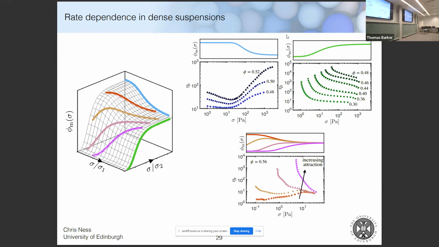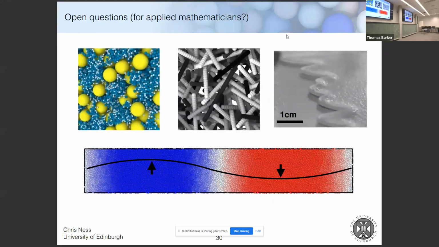So the idea is to come up with a set of principles encapsulated in this, which can describe a broad range of rheological observations. So finally, here are some open questions, which I put in brackets for applied mathematicians because I'm in an applied maths seminar.